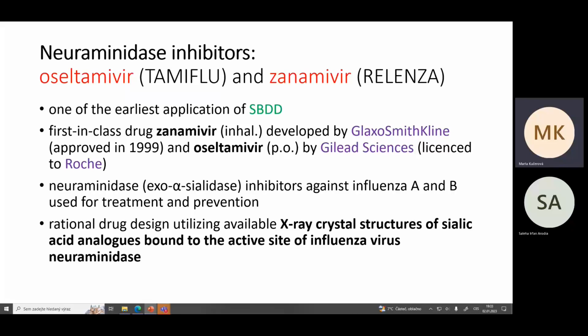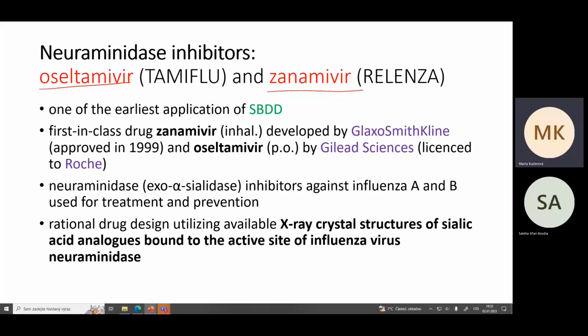This was again an example of structure-based drug design, how oseltamivir and zanamivir were developed. The first one by GlaxoSmithKline company in the 90s, and oseltamivir by Gilead Sciences.